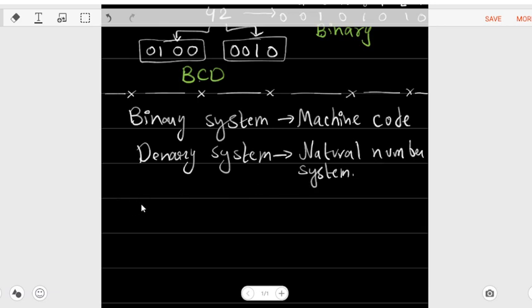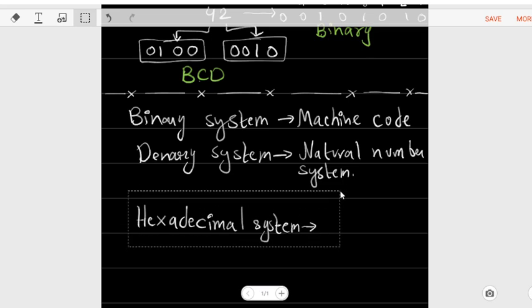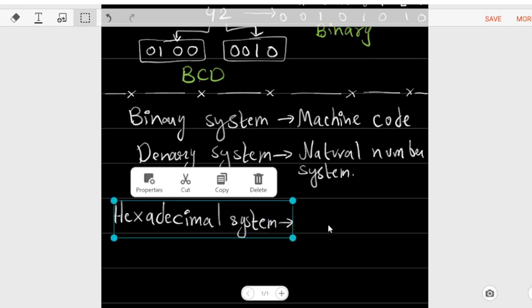As far as the hexadecimal number system is concerned, and we will dig deeper into this, hexadecimal number systems are really useful when you have to represent a number that is large enough, but you want to represent it in a more concise manner.